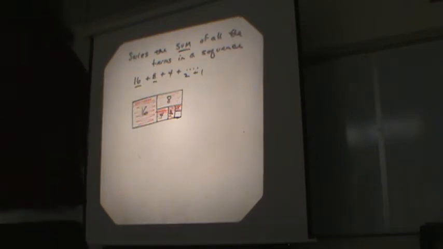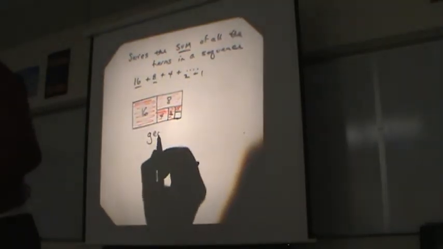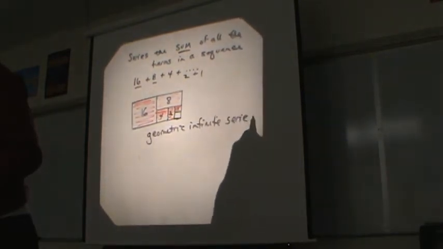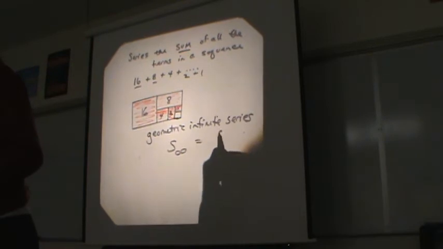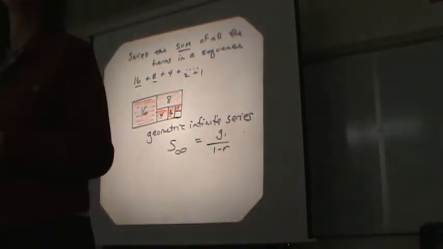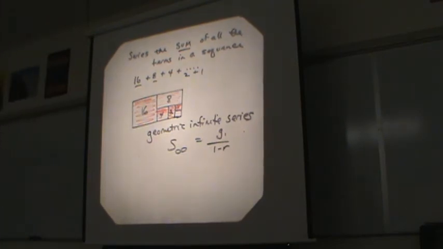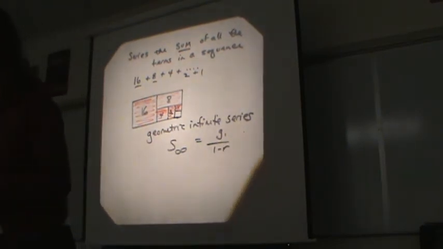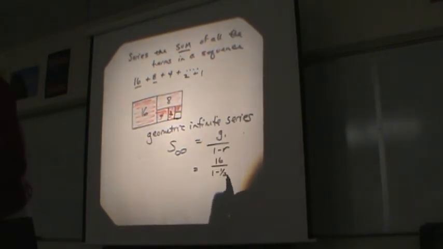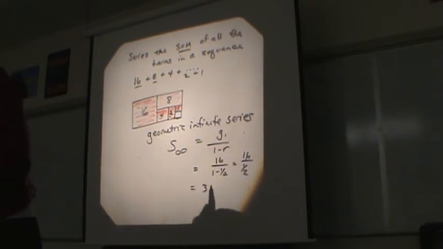This one is special, it's a geometric infinite series. For an infinite series, G sub 1 over 1 minus r is the sum of how big things will ever get. In this case, that would be the first term over 1 minus 1/2, which is 16 over 1/2, which is 32.